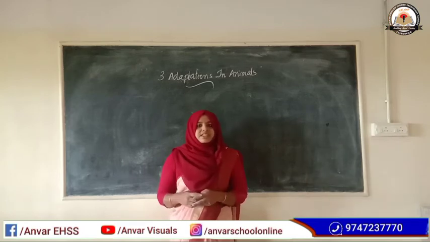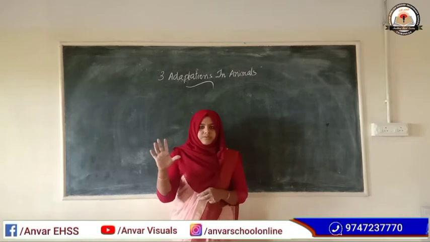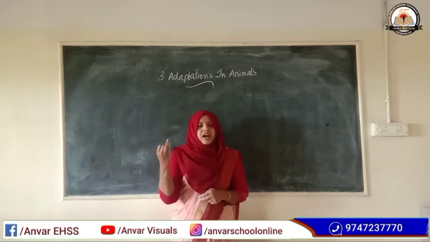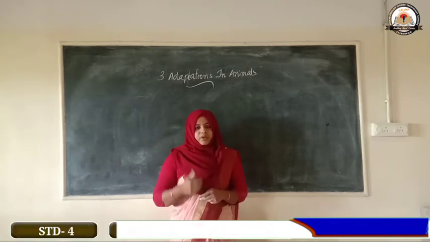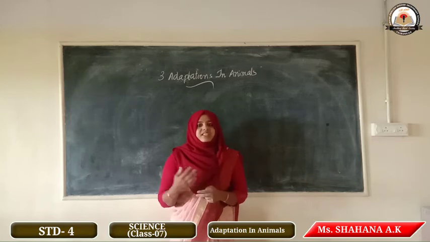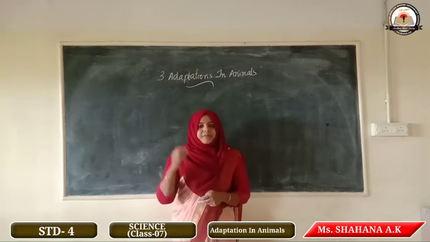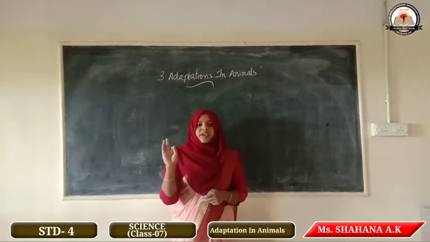So, based on this adjustment, animals are divided into 5 groups. They are terrestrial, aquatic, amphibian, aerial and arboreal.